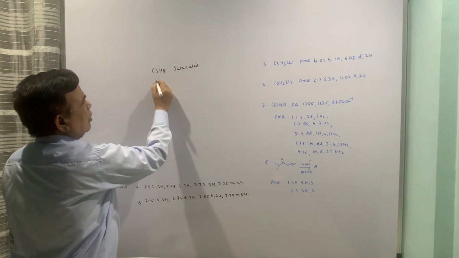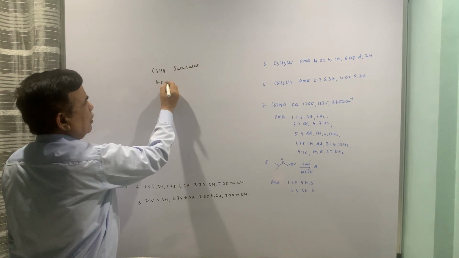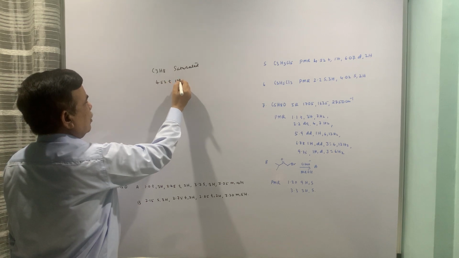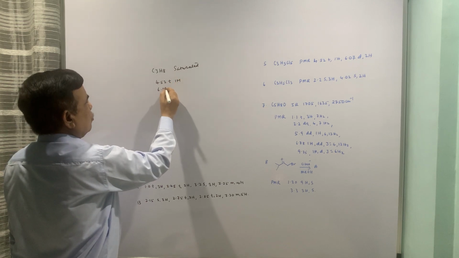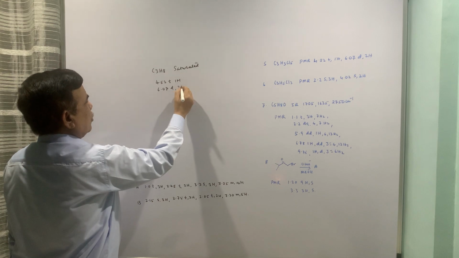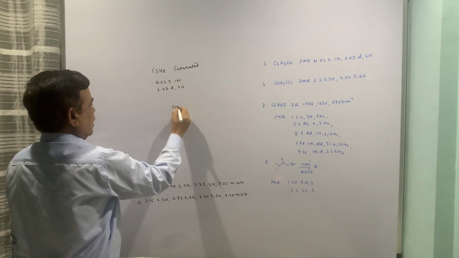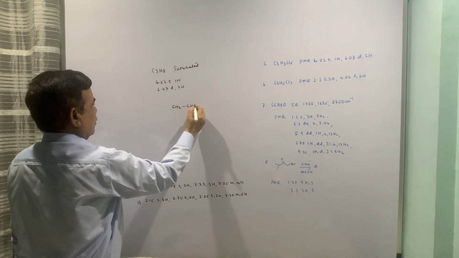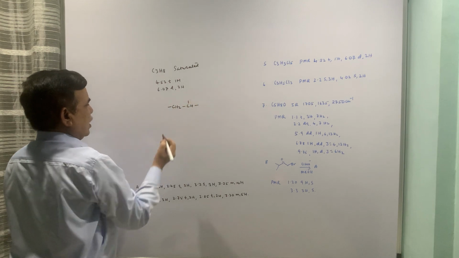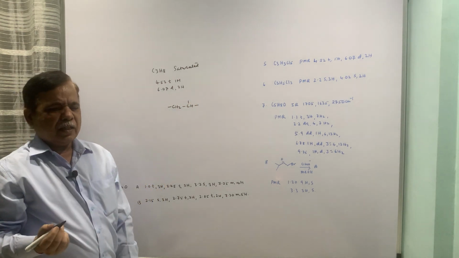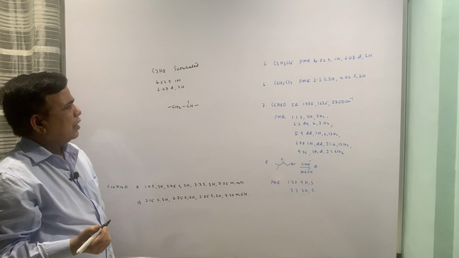Saturated compound, 4.52 triplet, 1 proton and 6.07 doublet, 2 protons. That means this compound is going to have this functionality. So CH2 and CH are mutually coupled.